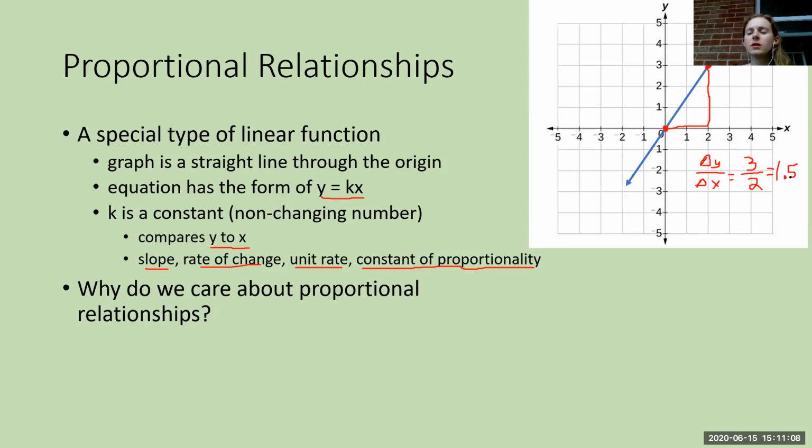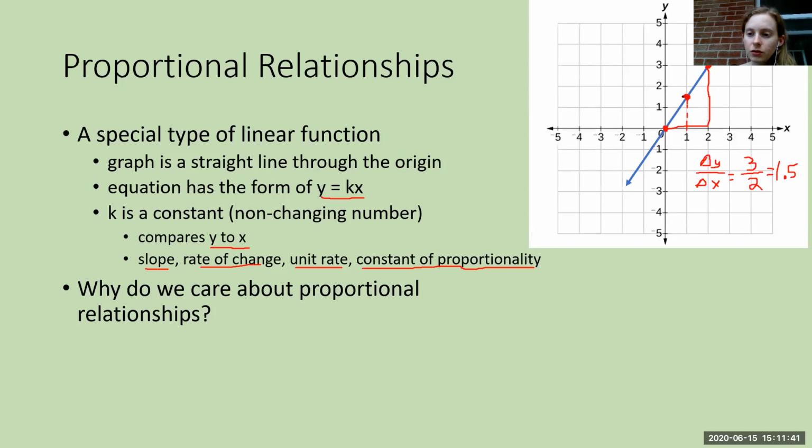Now remember, what slope really means is that each time our x goes up by 1, our y is going to go up by 1.5. And we can actually see that on this graph here. So if instead of looking at this point 2, 3, I focus on where x is 1, I find the point on my line, that is right about here.